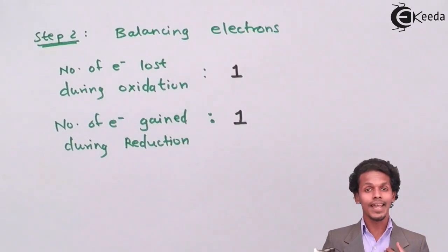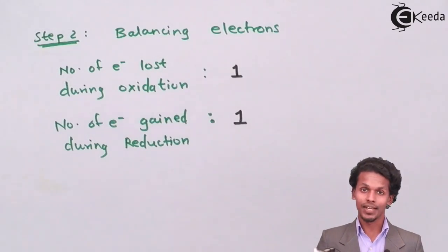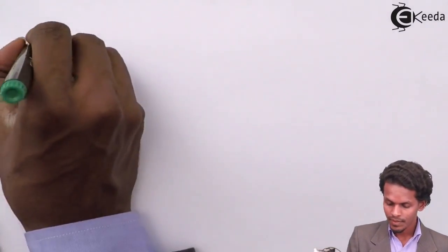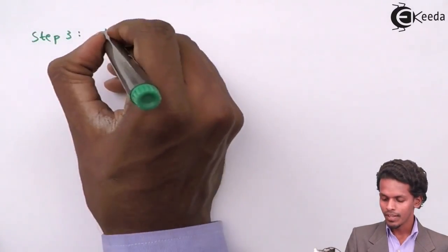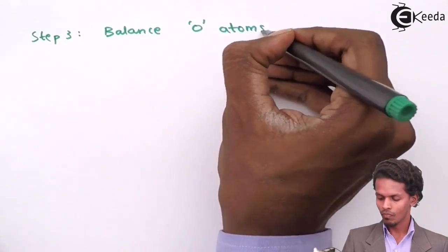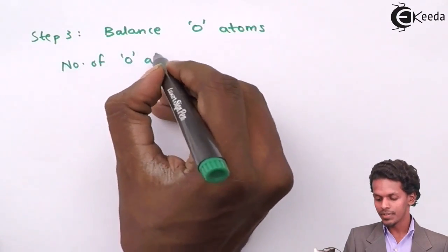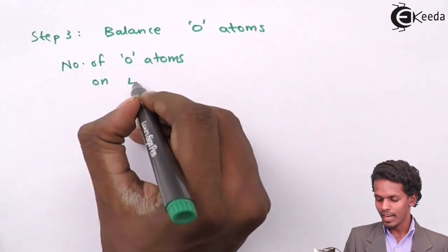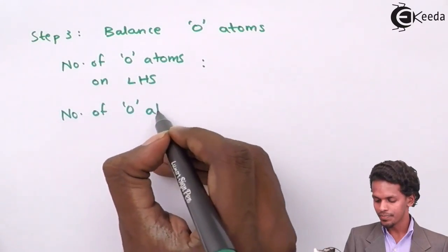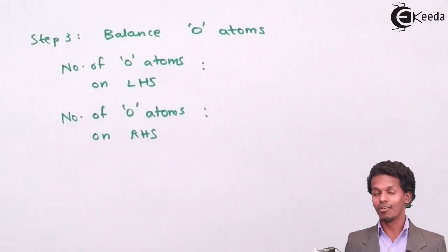Let us move towards the next step, step number 3, in which we will balance the oxygen atoms. First of all, we have to check whether the number of oxygen atoms on the left hand side is equivalent to the number of oxygen atoms present on the right hand side or not.